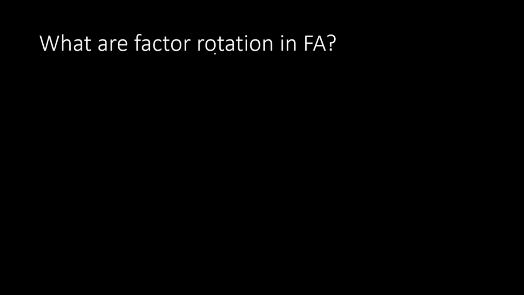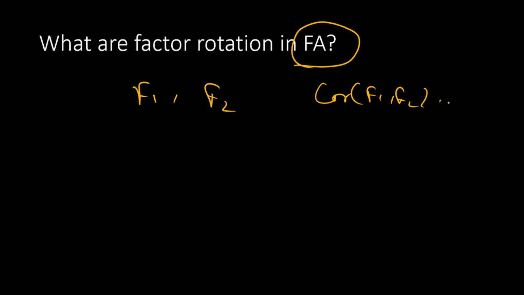What are rotations in the context of factor analysis? This is also an important question. Many times you will want the factors to be completely uncorrelated. That means say there are two factors in a data analysis, factor 1 and factor 2. The correlation between f1 and f2 should be 0. And when does that happen?